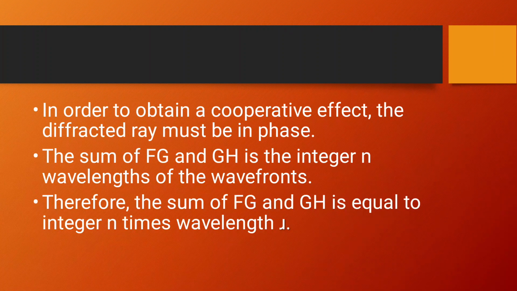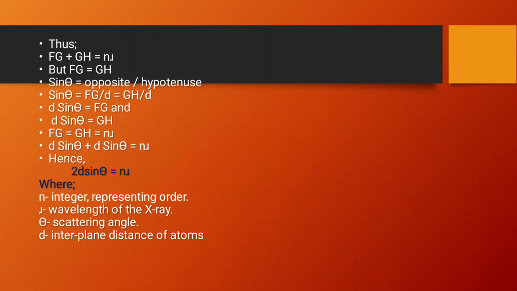In order to obtain a cooperative effect, the diffracted rays must be in phase. When the diffracted rays are in phase, the sum of FG and GH is an integer n times the wavelength. This means that FG plus GH is equal to n lambda. But from the diagram, FG is equal to GH.